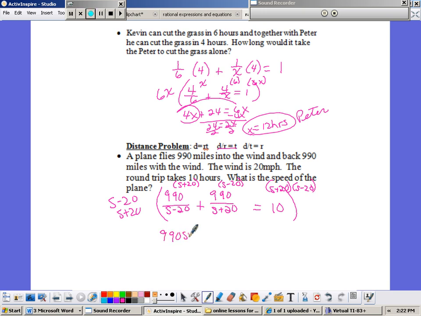So 990s plus 19,800 plus 990s minus 19,800 equals, I like to FOIL this first and then multiply by 10, so I get s squared minus 400 times 10 is 10s squared minus 4,000.